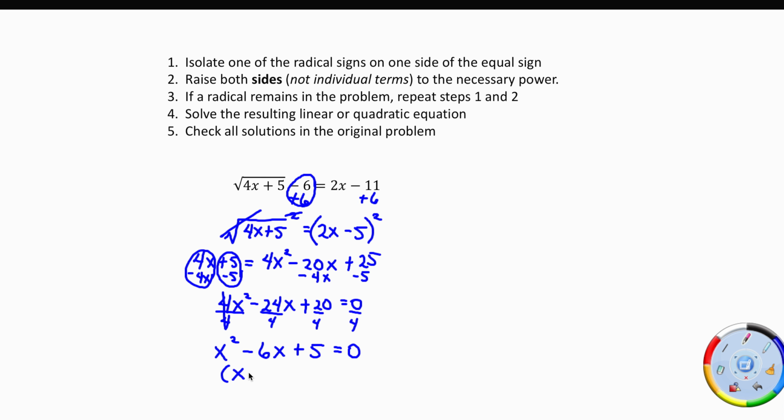Meaning this is x minus 5, x minus 1, two numbers that multiply to give positive 5, but when I add them, I get -6. So either x is 5 or x is 1.